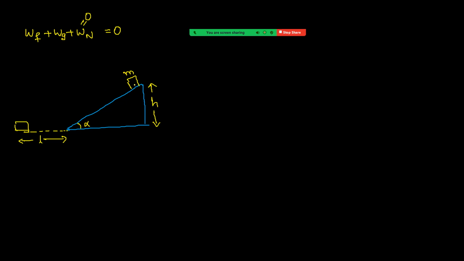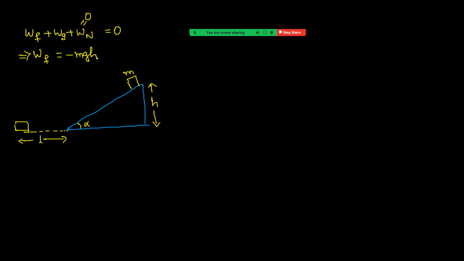So mg vertically downwards, I simply multiply the modulus of that force with the component of displacement along that force. That means the work done by gravitational force is equal to mgh. So from that I can say the work done by frictional force is equal to minus mgh.